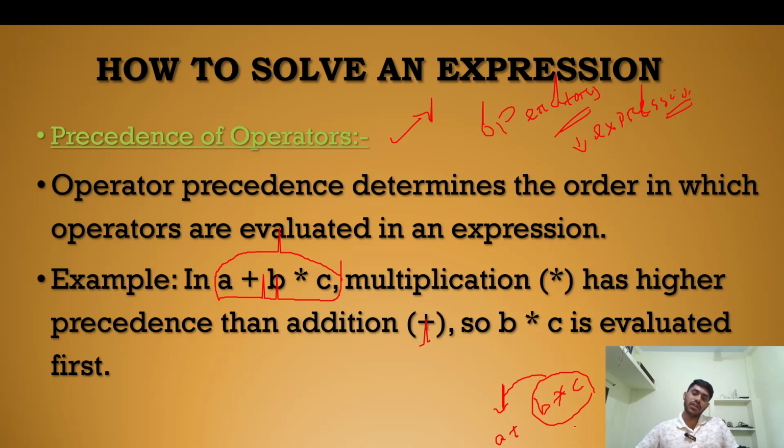Suppose I take 4 into 3, which is 12, and this is suppose 5, then 5 plus 12, and the answer will be 17.